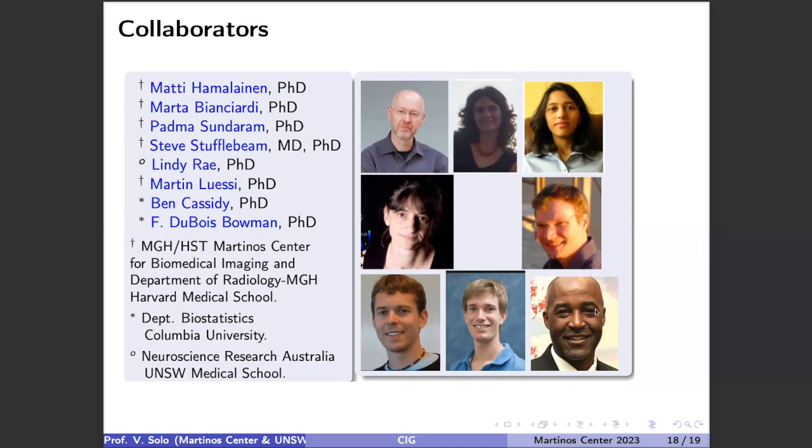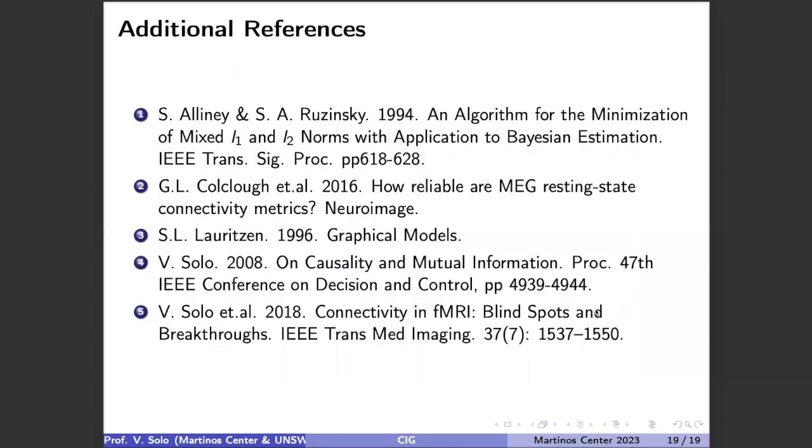And Du Bois-Bowman, a PhD statistician, was head of biostat at Columbia, so that's where Ben did his postdoc. Du Bois is now Dean of Public Health at the University of Michigan, Ann Arbor. And then I've got a couple of extra references if anybody's interested. Okay, so that's basically it.